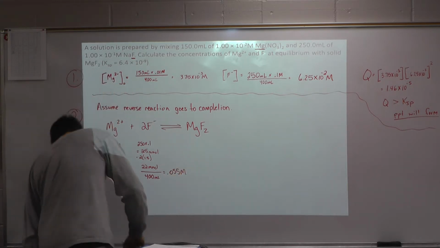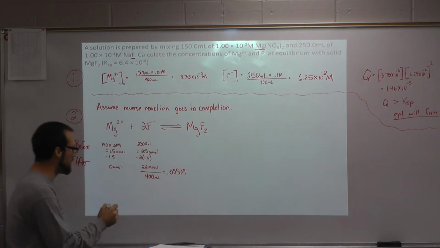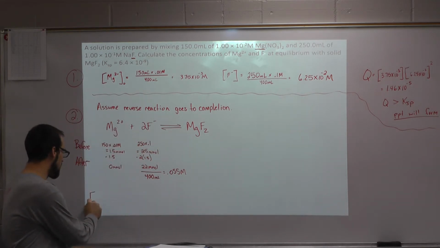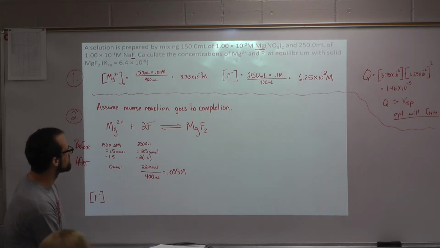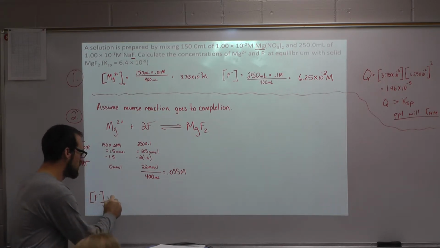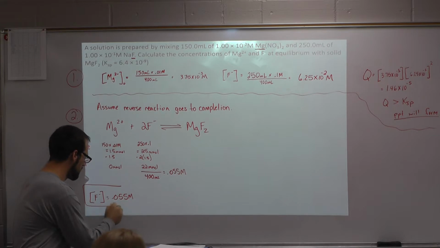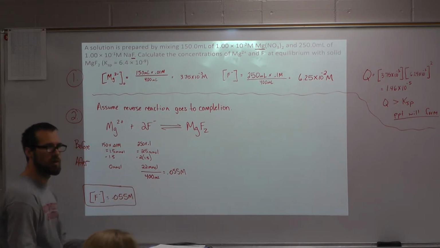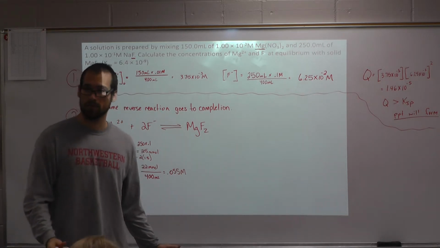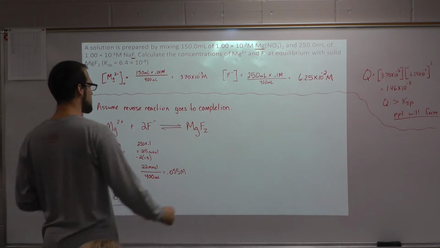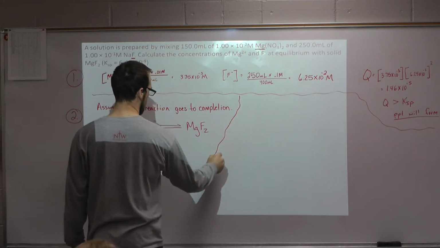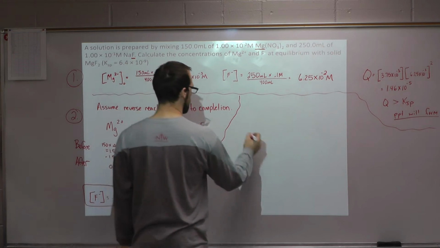I'll show you this when we're all done, but I'm pretty confident our equilibrium concentration of F minus is 0.055. And I'll show you why when we complete everything. Okay, so that is step 2.